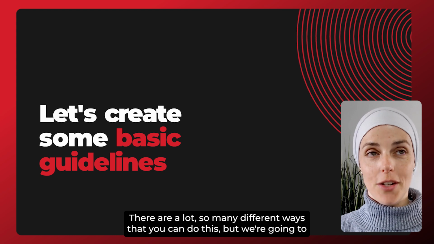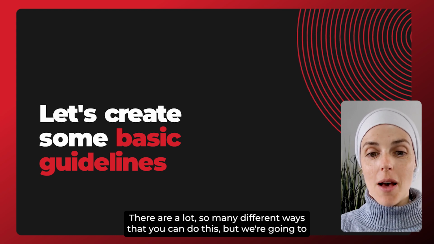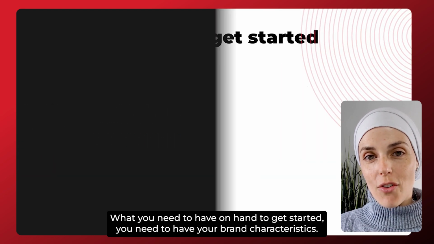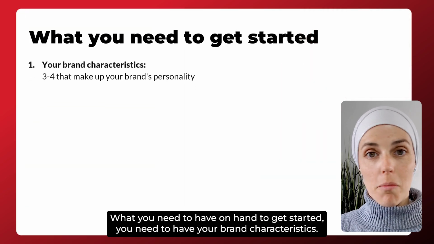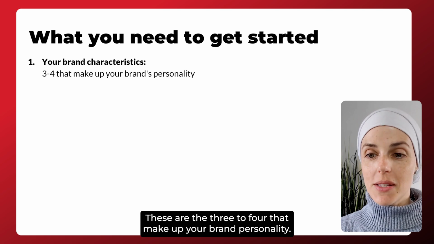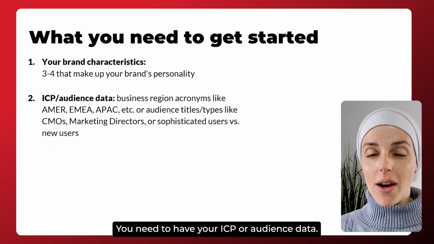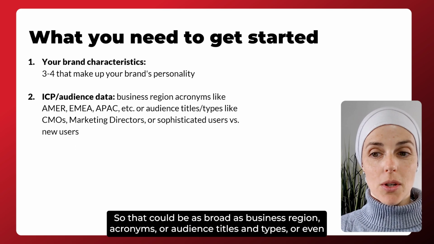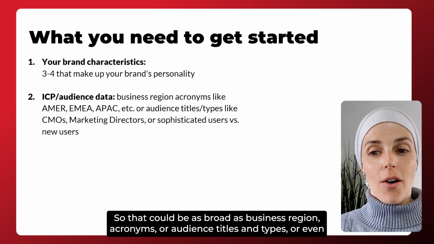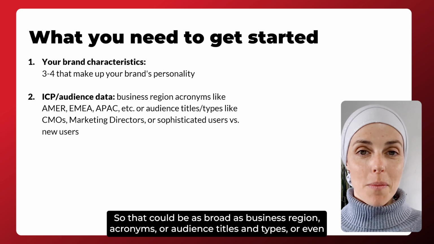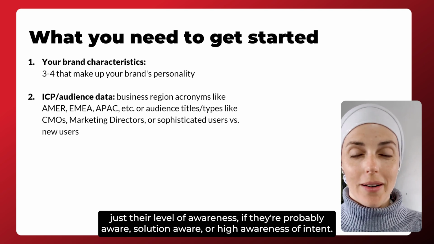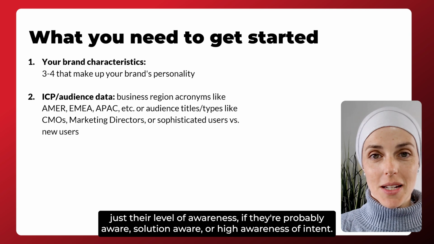There are so many different ways that you can do this, but we're going to focus on one that's as simple as possible. What you need to have on hand to get started: you need to have your brand characteristics. These are the 3 to 4 that make up your brand personality. You need to have your ICP or audience data. That could be as broad as business region acronyms or audience titles and types, or even just their level of awareness, whether they're problem aware, solution aware, or most aware with high intent.